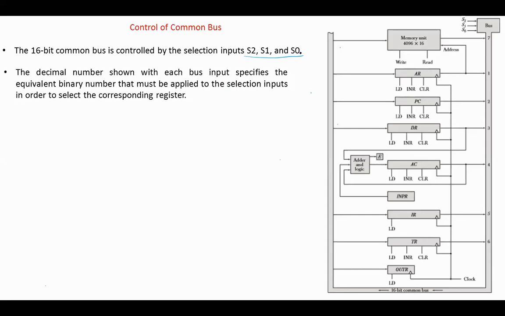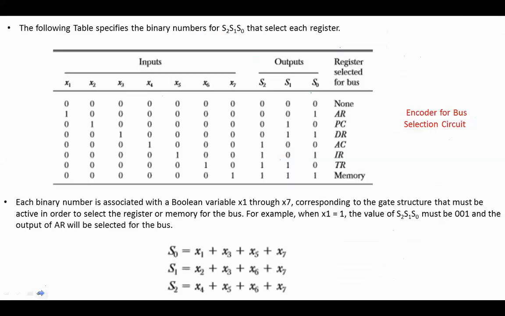For example, to select memory, here we have 111, to select data register 011, to select accumulator 100, etc. The following table specifies the binary numbers for S2, S1, S0 that select each register. Address register is selected on 001, program counter 010, data register 011, etc., and memory on 111.